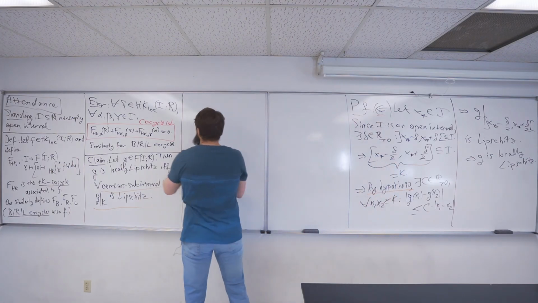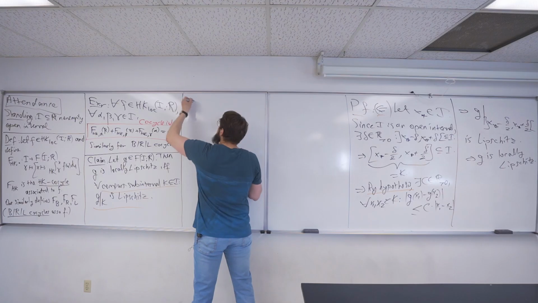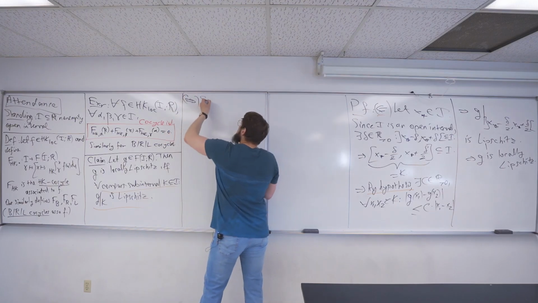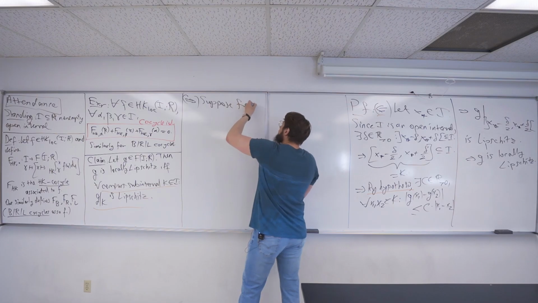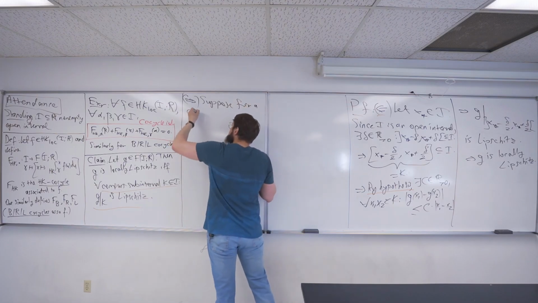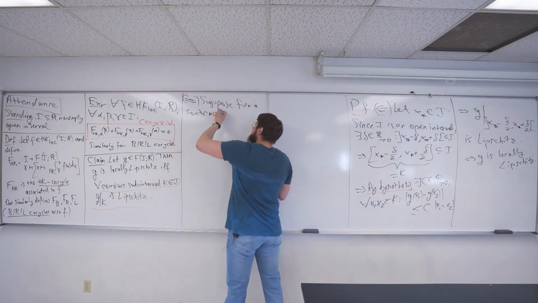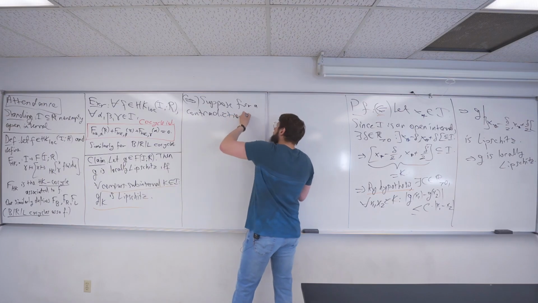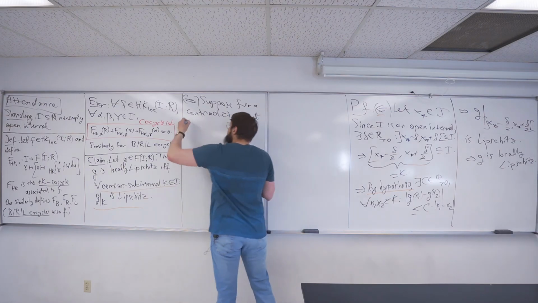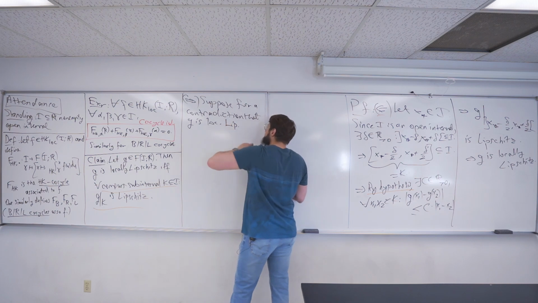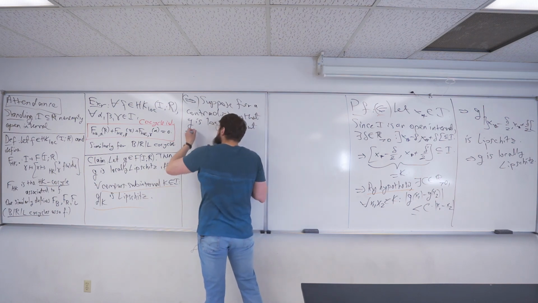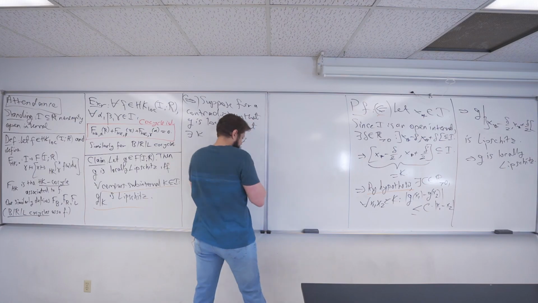Okay. So for this direction, suppose for a contradiction that G is locally Lipschitz, but there is a compact subinterval.